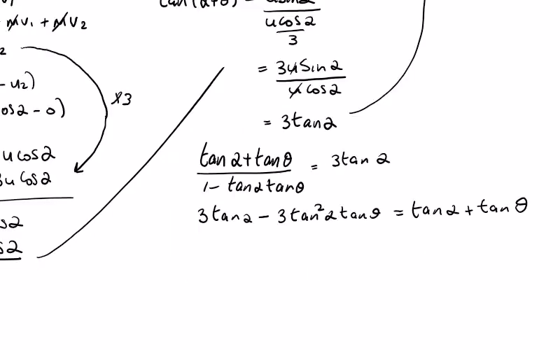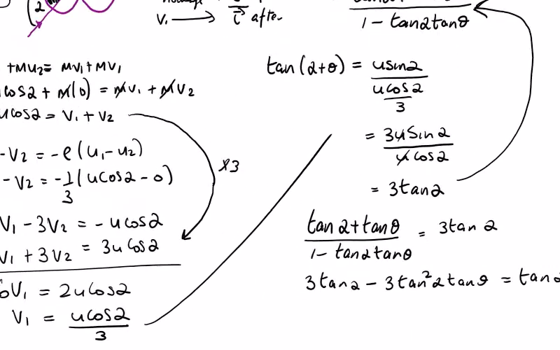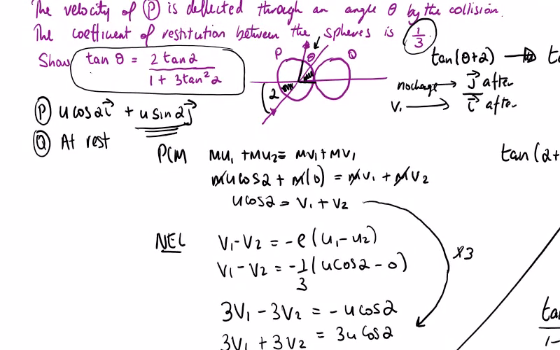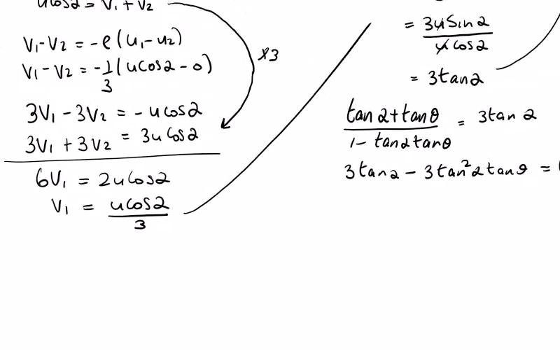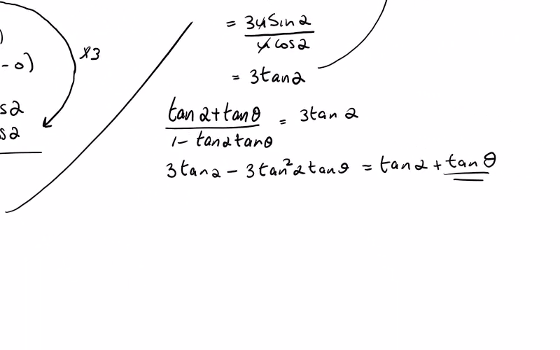So just check, we're looking for this in terms of tan theta, so we want tan theta on its own, don't we? So let's get tan theta on its own by bringing this one to the left. 3 tan alpha minus tan alpha is going to give me 2 tan alpha, equals, bring this one over to the right, 3 tan squared alpha tan theta plus tan theta.